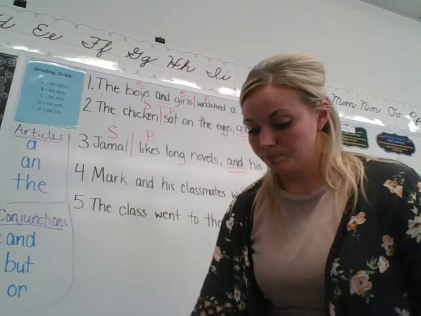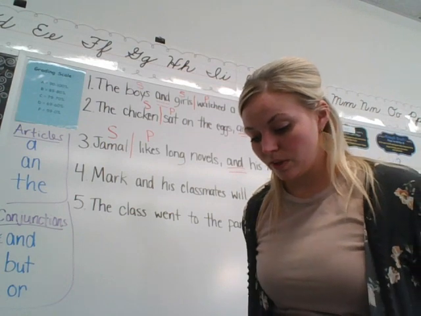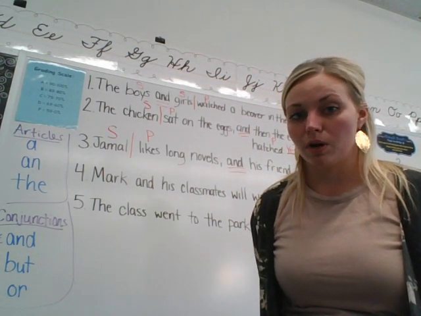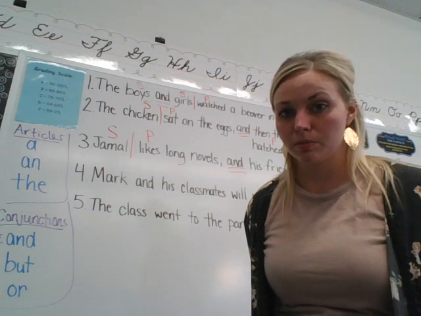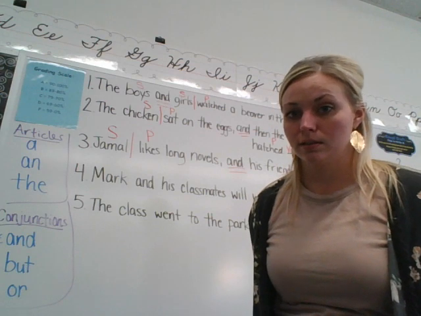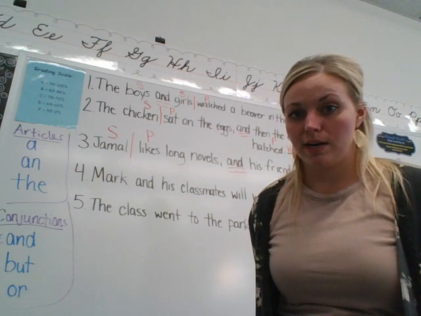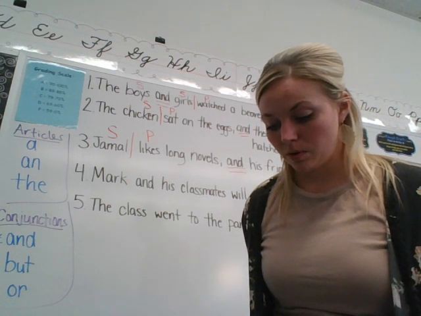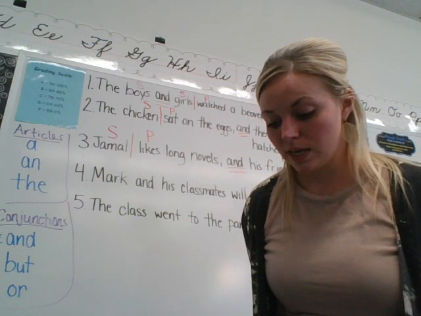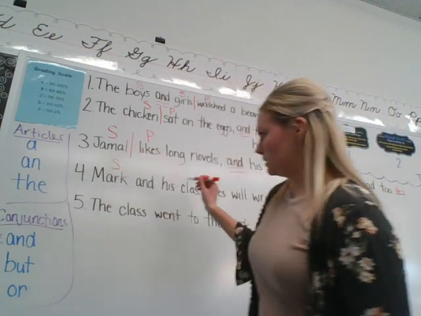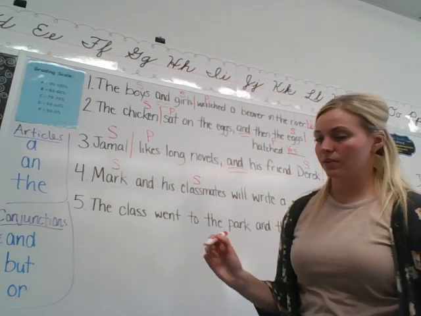Okay, number 4. Go ahead and try this one by yourself, and then we will go over it. So you're going to mark your subjects, mark your predicates, separate your subjects and predicates, and underline the conjoining word and. So pause me and do that now. Okay, so you should have marked that Mark and his classmates are the subjects.